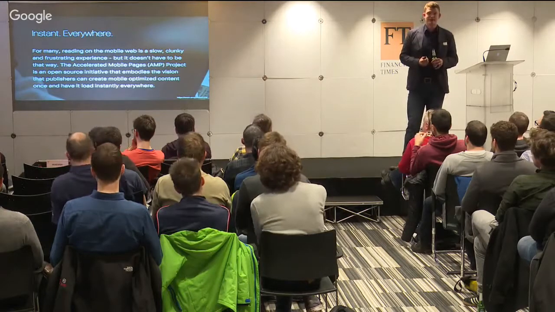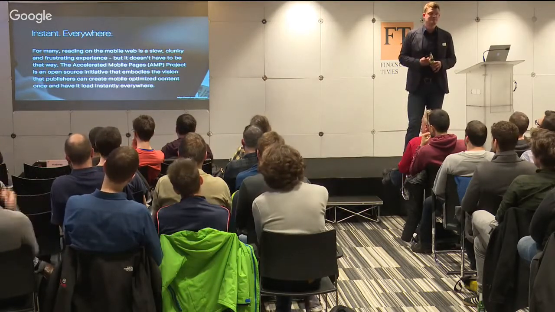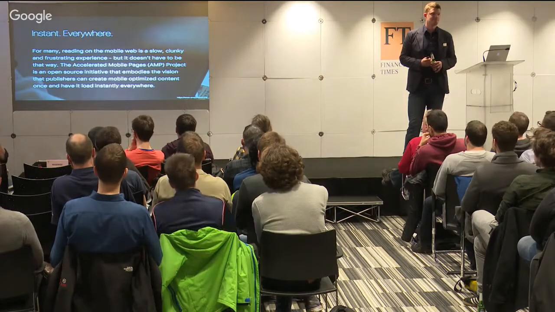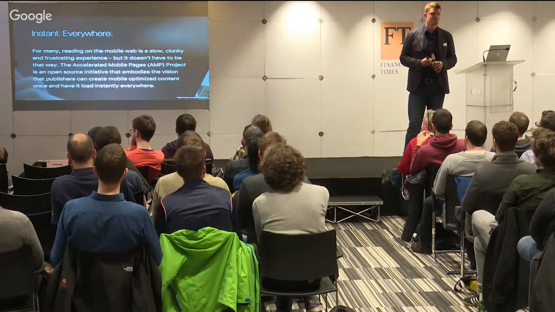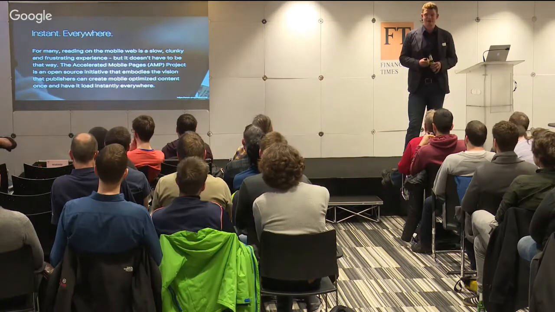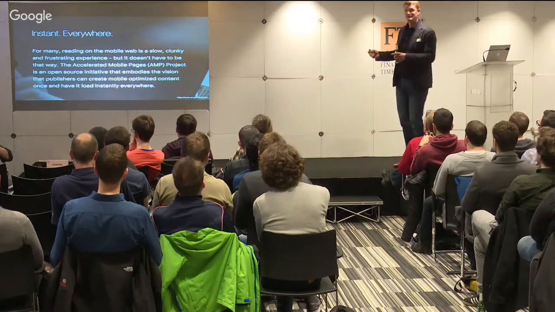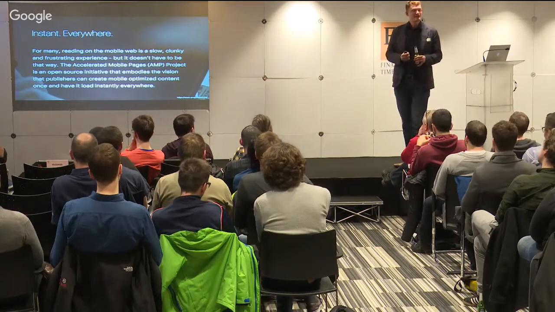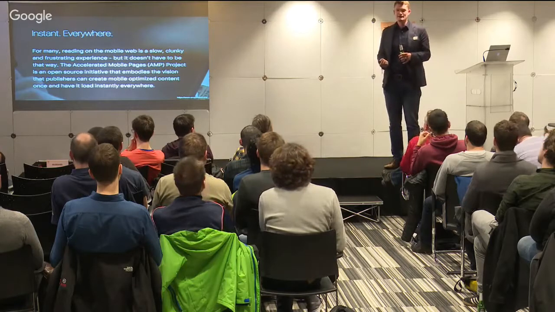This is the blurb about AMP. Reading on the mobile web is a slow, clunky, and frustrating experience. This is Google, because it's an open source project, but the core contributors are all Googlers, saying that the mobile web is broken. Whose fault is that?